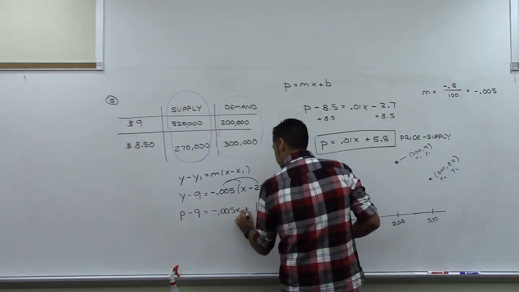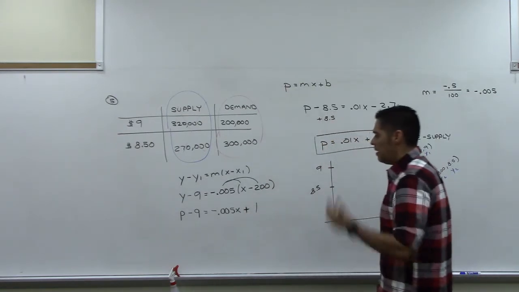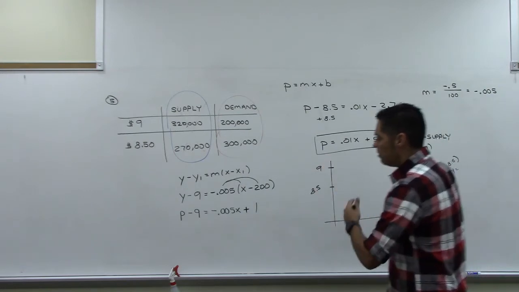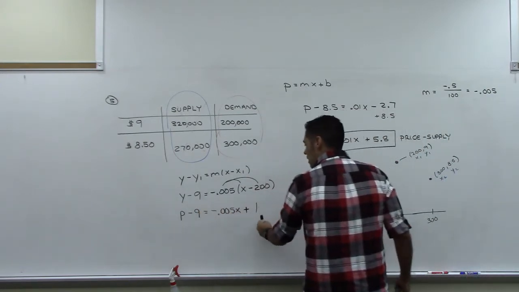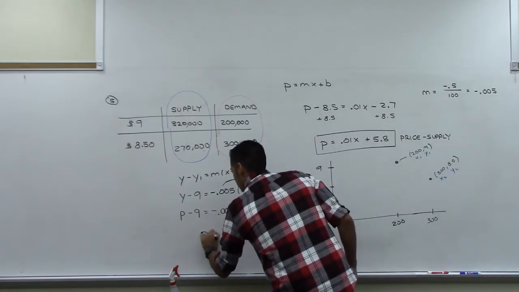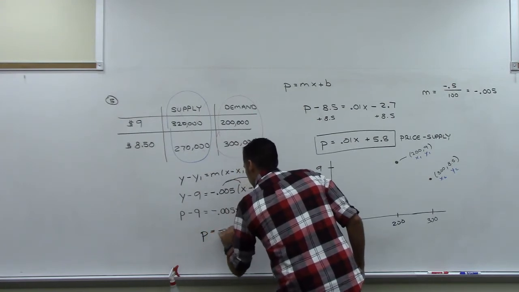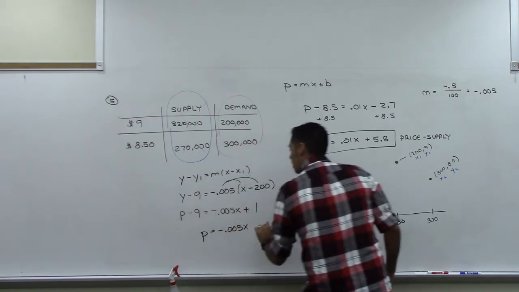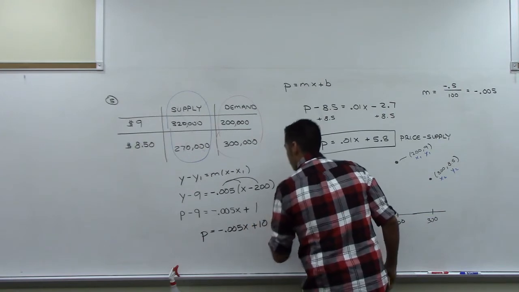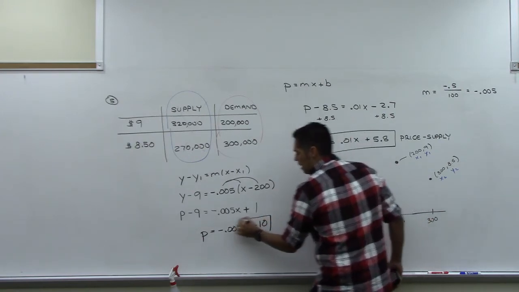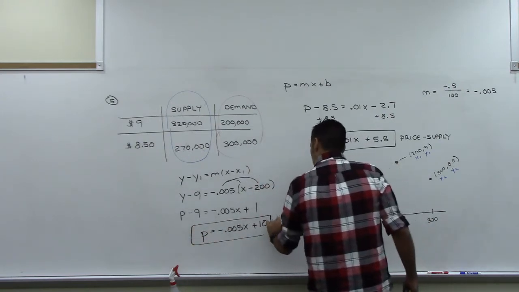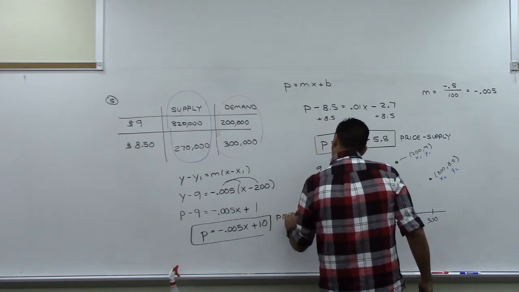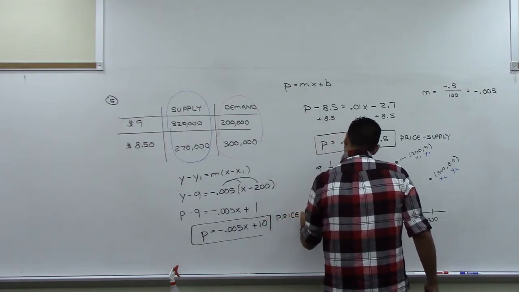So 1. And then go ahead and add 9 to both sides. So add 9 here, and you get price is equal to negative 0.005x plus 10. So this is my price demand equation.